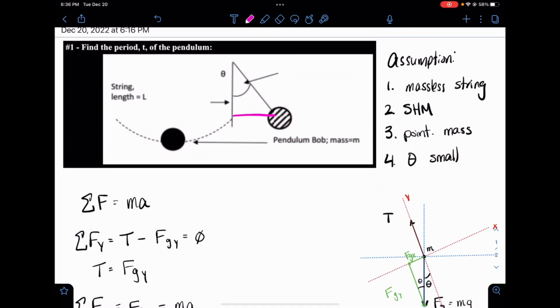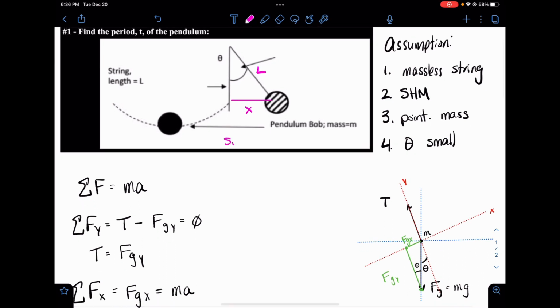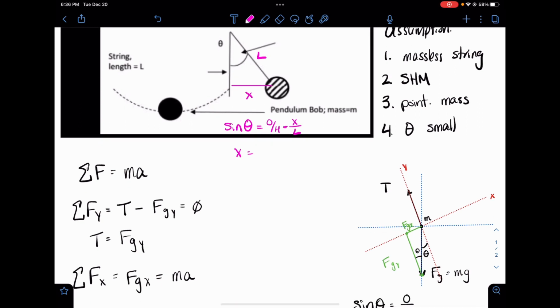You can see that the length of the string here is this diagonal hypotenuse and you have x right here, so we can use the same equation where sine equals opposite over hypotenuse, or x over L, and you can solve for x equals length times sine theta.